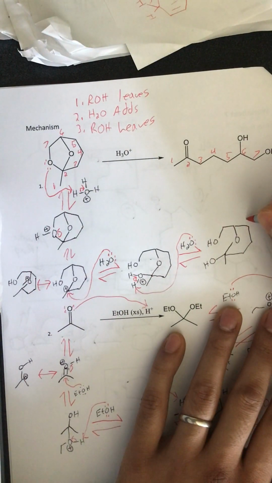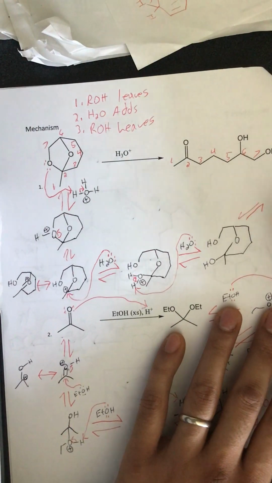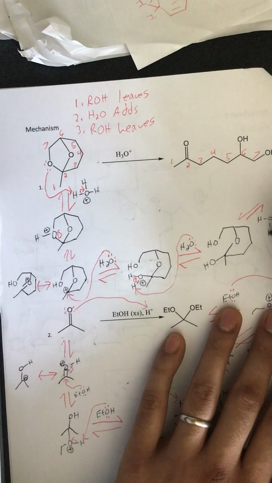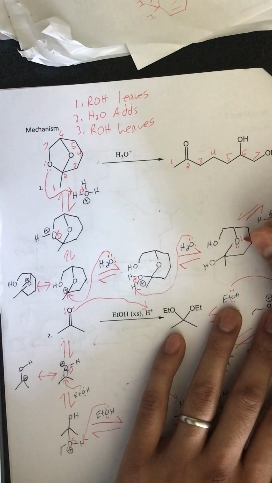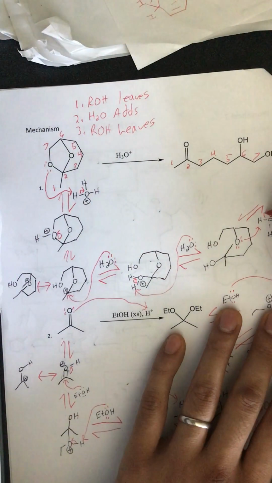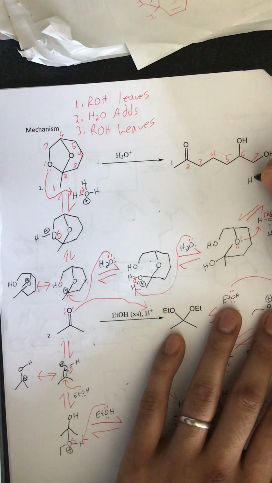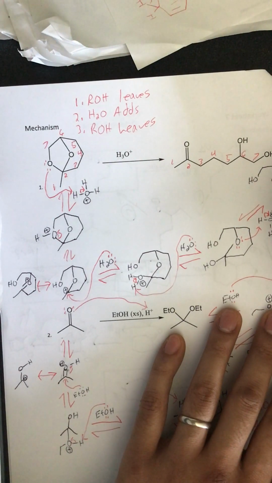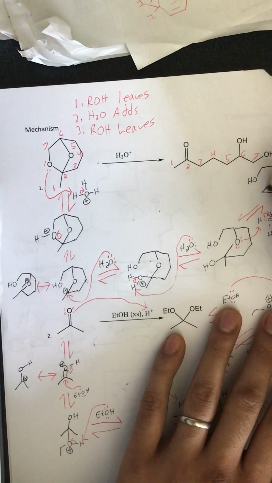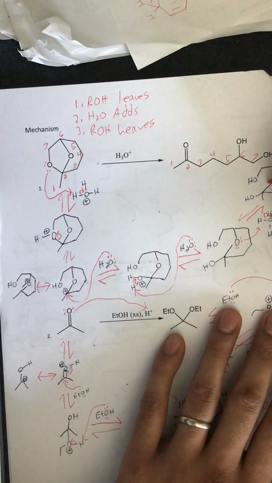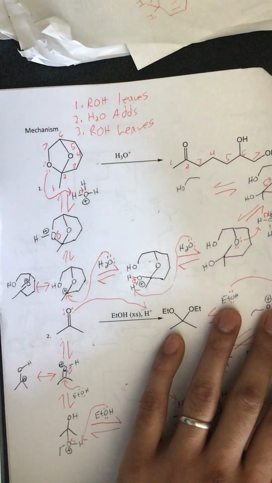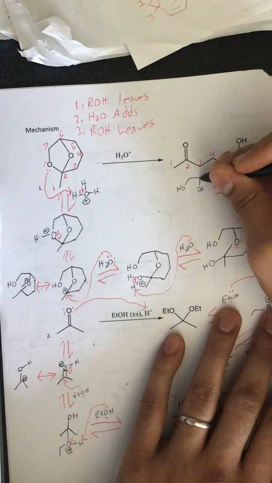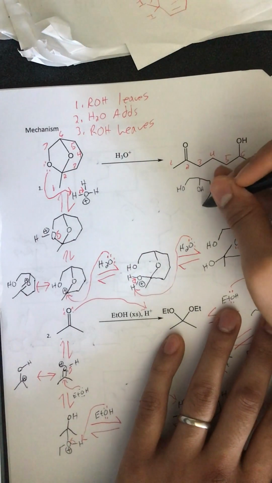So next, we added water. Now we need to make ROH leave. So that's going to be this, oops, I need to break this sigma bond too, coming in. Now we can have this leave. 3, 4.